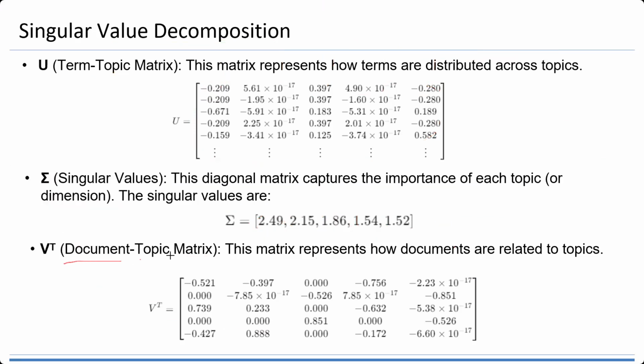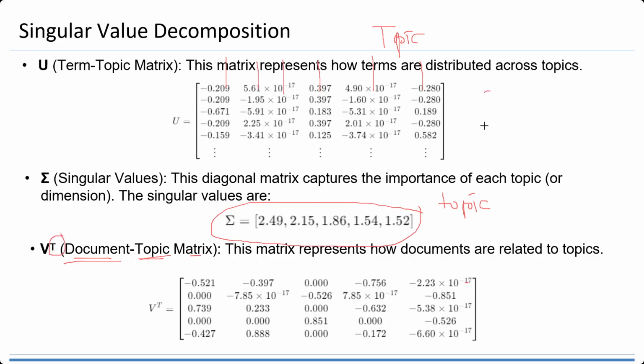When we have the document topic matrix, as you might know, the matrix should be transposed. Do you know transpose? I hope you already learned it from linear algebra. We have the matrix transpose.